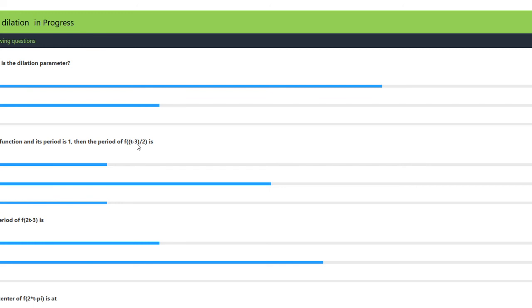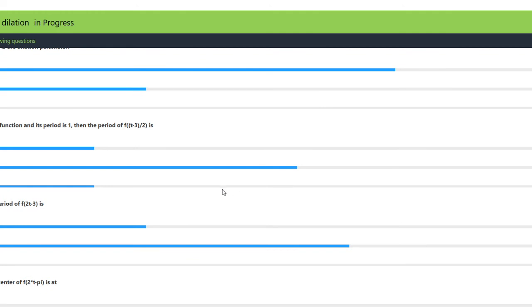So it's a shift to the right by 3 units, but its dilation increases the period. So the second answer, increase 2 times, is correct. So question 1, the first answer is correct. Good, we got a good result.